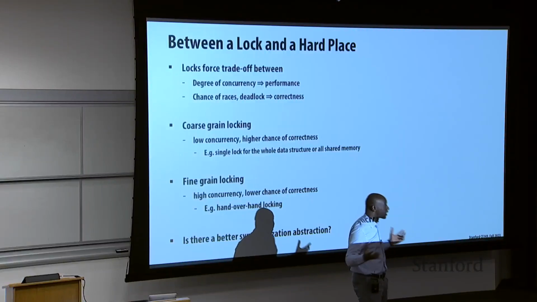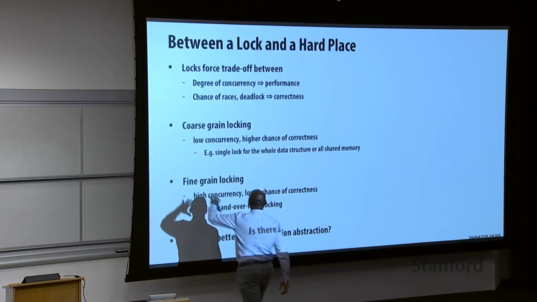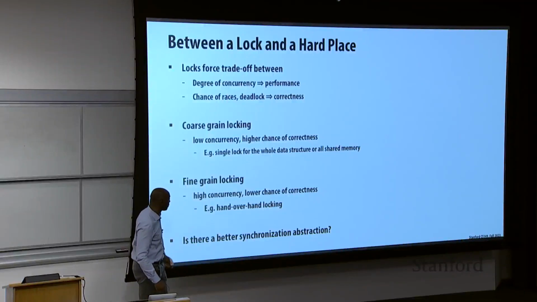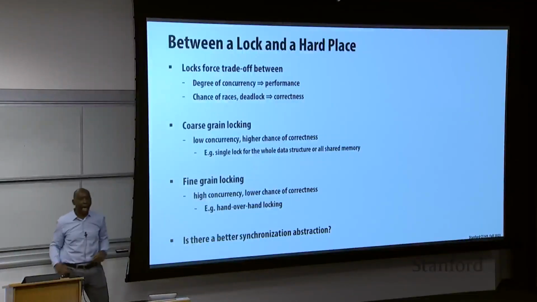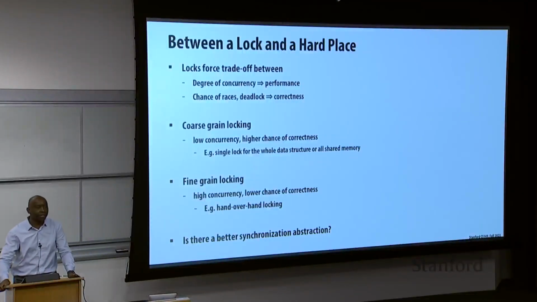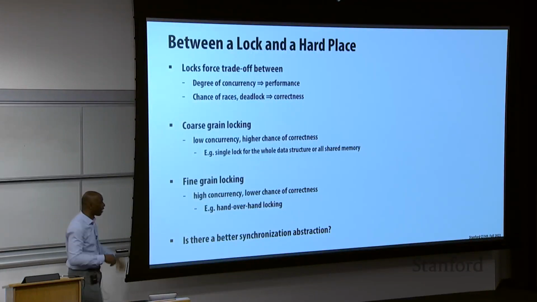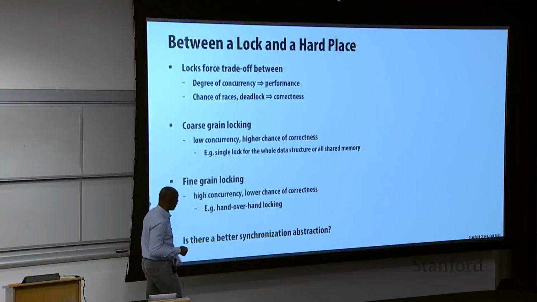So this is low concurrency, right? And so, of course, the opposite extreme is to go to some sort of fine-grained locking scheme, right? And this can have much higher concurrency because now many threads could potentially be touching the same data structure if you've got fine-grained locking.